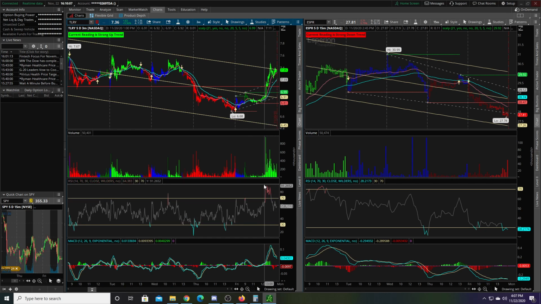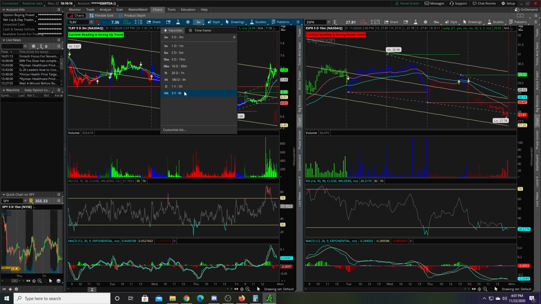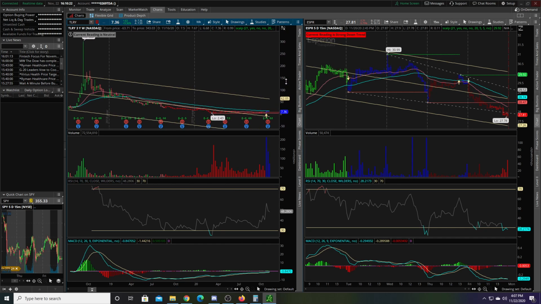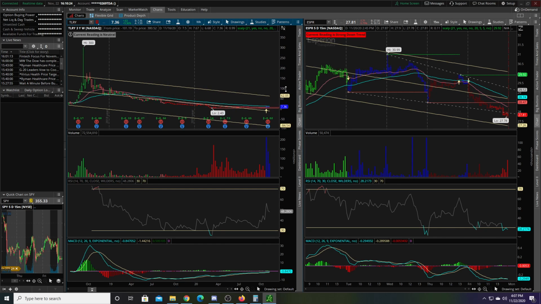Three-minute: overbought, slightly coming down here, and it looks like it's coming in to cross. So we'll go to an even wider time frame and look at the 3 year weekly. It looks like that MACD is slowly coming up.